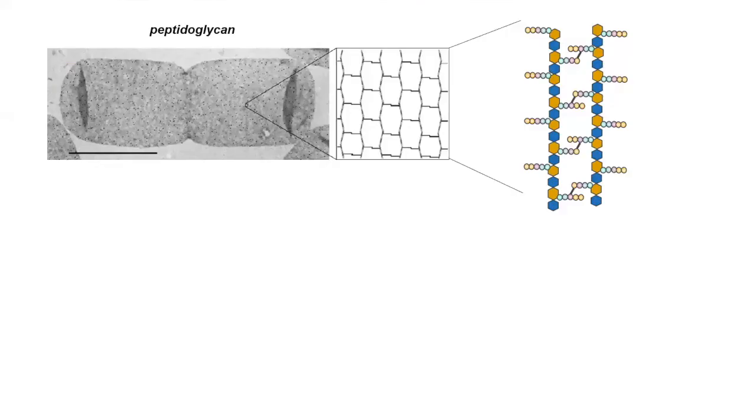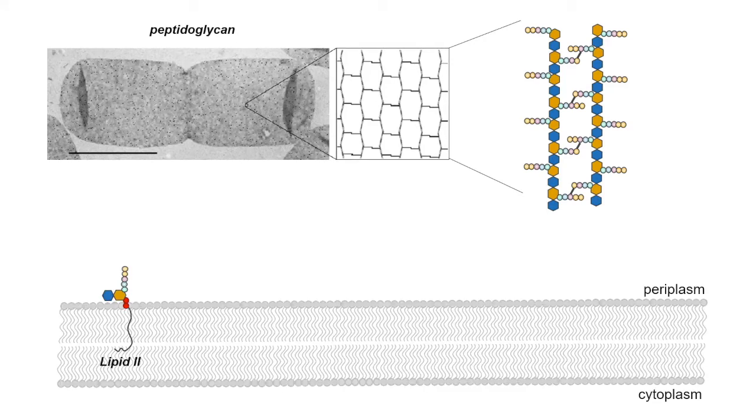But anyway, as you probably know, peptidoglycan is a very important layer of bacterial cell walls, important to keep the cell shape and to protect against turgor. It's composed of glycan strands that are connected by short peptides. This polymer is synthesized on the outer side of the cell membrane from precursor lipid 2 that is polymerized in two steps.